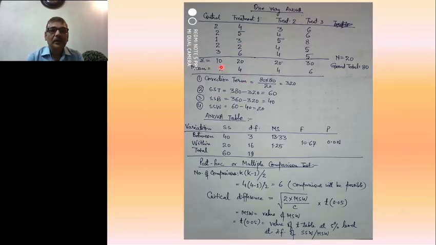In the given case we observe that the mean values like 2, 4, 4, 6 are there, so we find significant difference among these. This particular test, that is post hoc test, has been applied, and we know that since 4 columns are there, 6 comparisons will be possible, and we have put the values here, that is square root 2 into MSW divided by C into T value at 5% level.